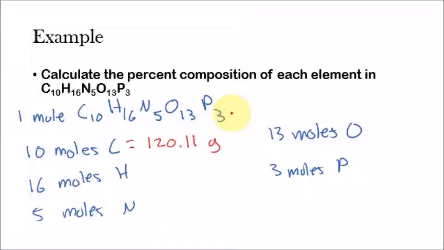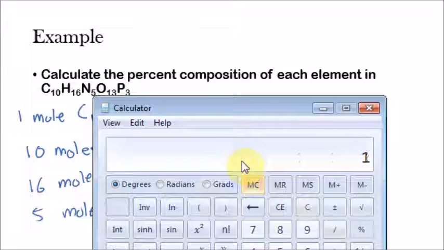For hydrogen, if you look at the periodic table, the average atomic mass of hydrogen is 1.008. So 1 mole of hydrogen is going to have a mass of 1.008 grams. In order to find what the mass of 16 moles of hydrogen is, you can just multiply those two numbers together. 16 times 1.008, you get 16.128 grams.